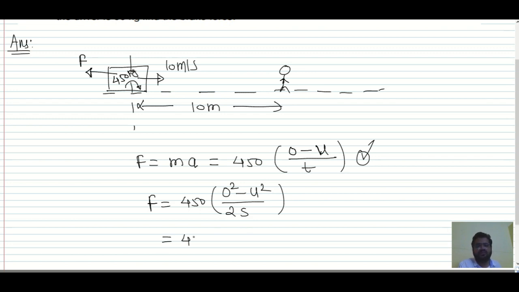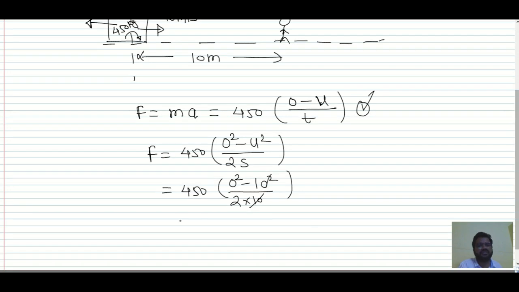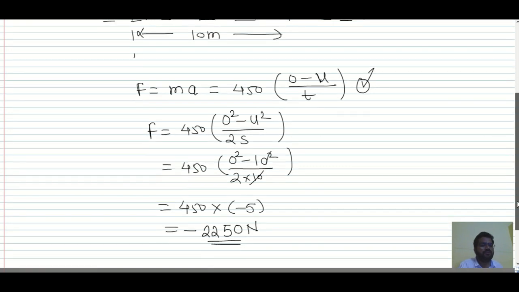So we'll get 450 times bracket 0 squared minus initial velocity 10 squared divided by 2 into s, which is 10. So this 10 gets cancelled, and the answer is 450 into minus 5, which is minus 2250. 5 fives are 25, 5 fours are 20, so it is 2250 Newton, the force which we have.